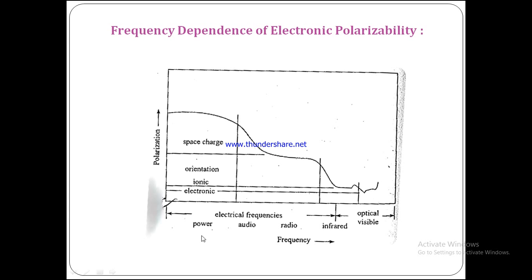So we can conclude that the frequency dependence of electronic polarizability gives the maximum polarization only when electrical frequencies are applied, that should be nothing but power, audio, radio, and some part of infrared.